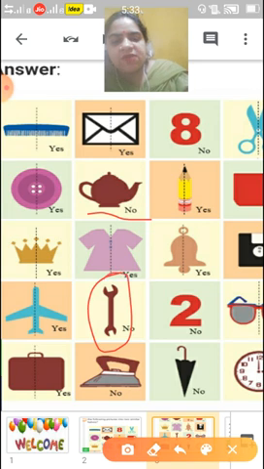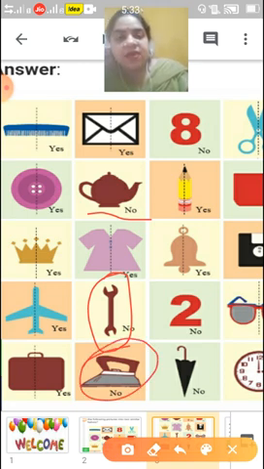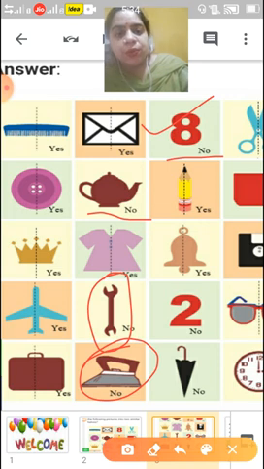So your answer is no. Now your next picture is also not having mirror halves. This is an iron. So your answer is no. Next is your number 8. This is also not having two similar mirror halves. So your answer is no.